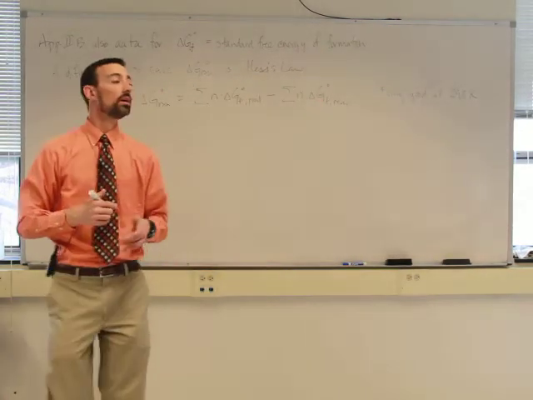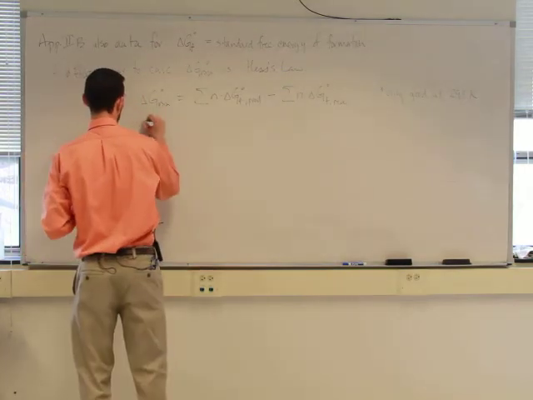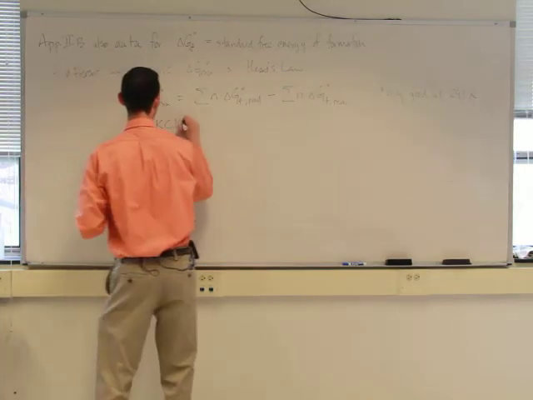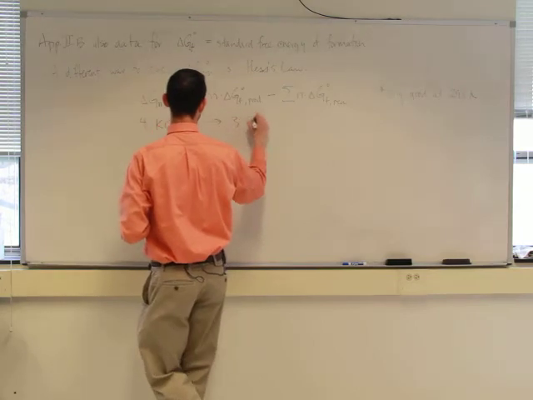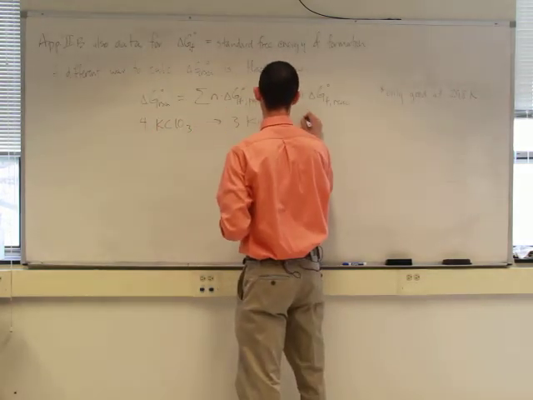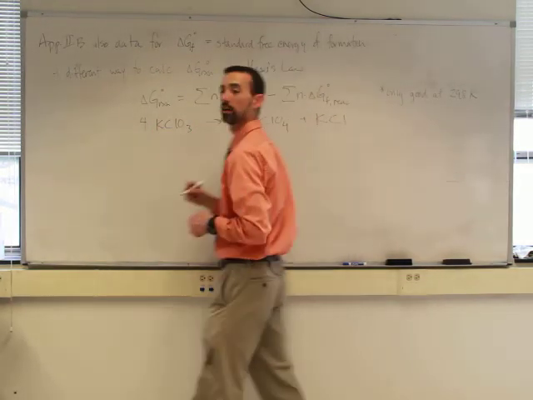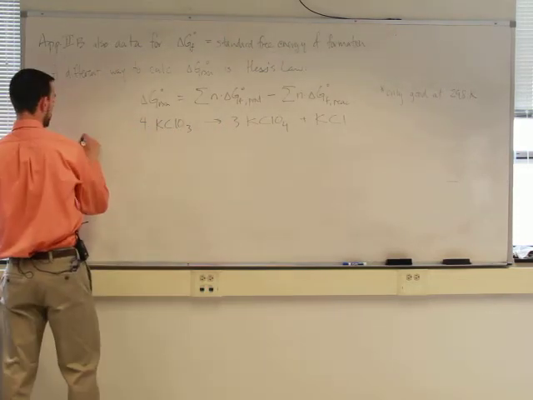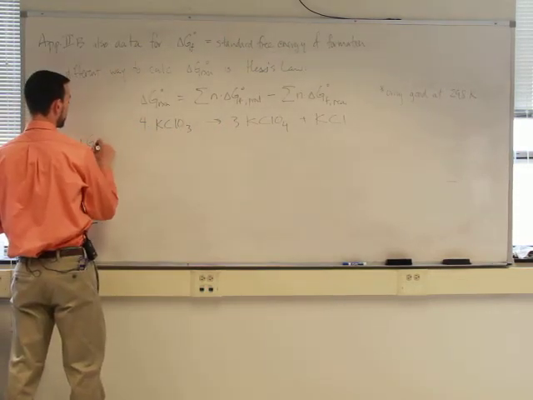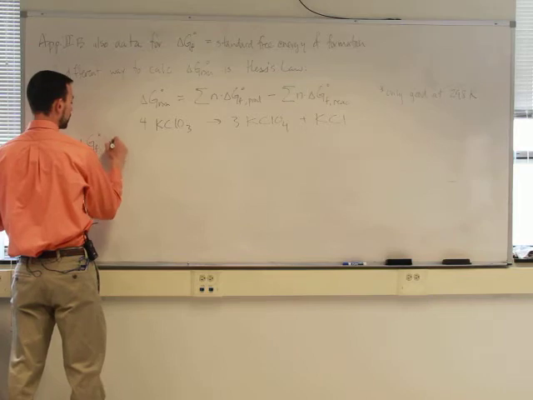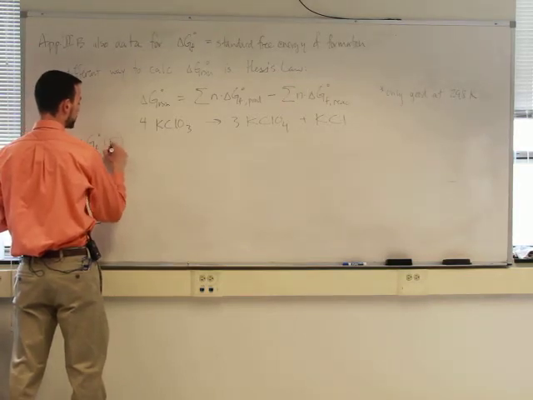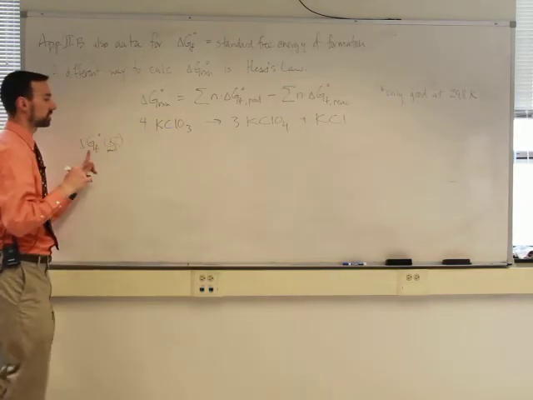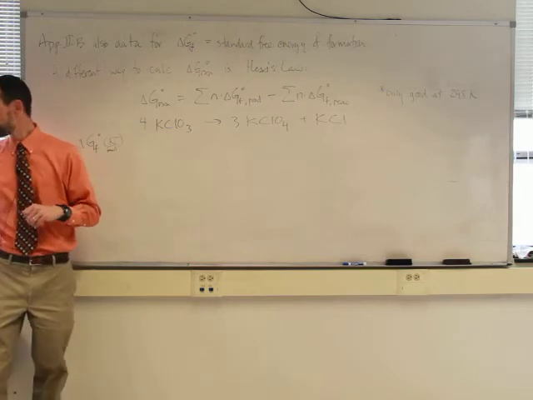All right? So we had the reaction earlier, 4 KClO3 to give us 3 KClO4 and KCl. So an alternative way that we could have figured out the free energy change of that reaction, I could have gone to Appendix 2b and looked up the delta G values.